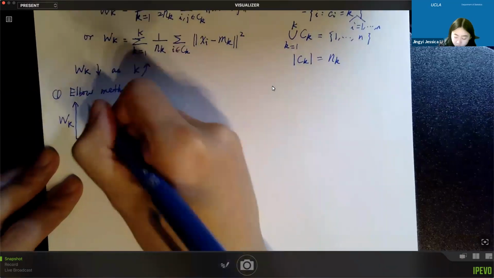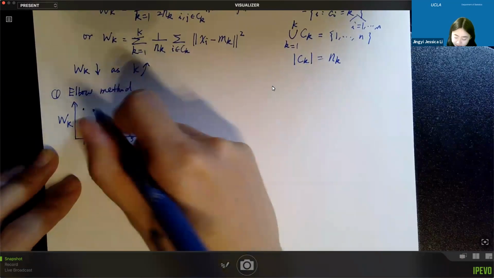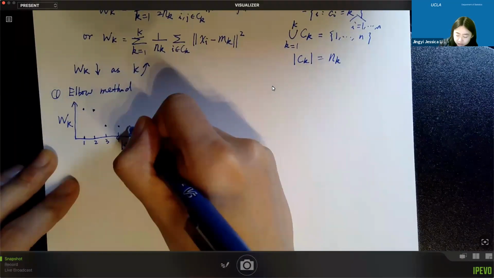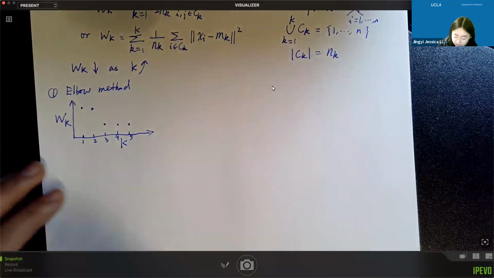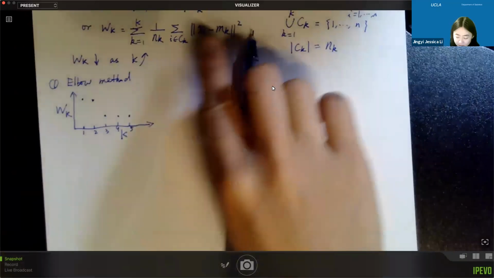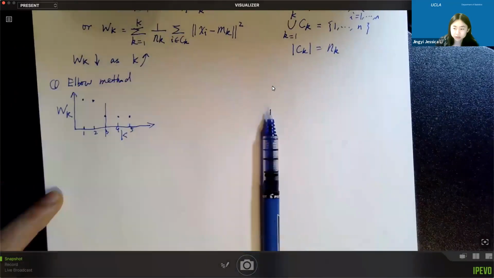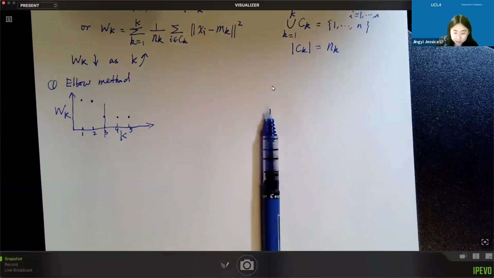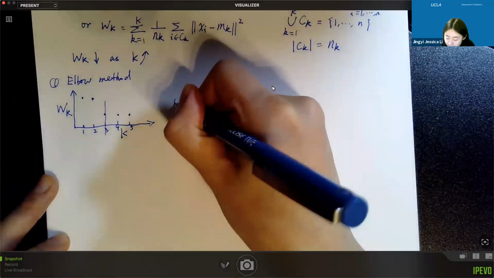For example, if we see a sharp drop from 2 to 3, and after 3 the decrease is not very obvious, then we call this an elbow, and we pick 3 as the number of clusters. So this is a very simple way of showing that. But usually it's not that obvious, right? So therefore, people may try to plot log WK.